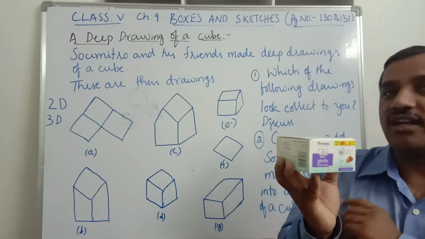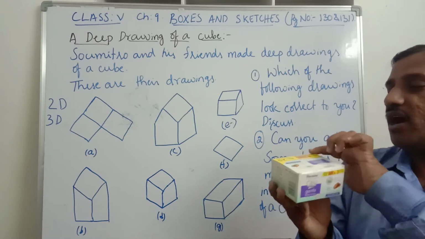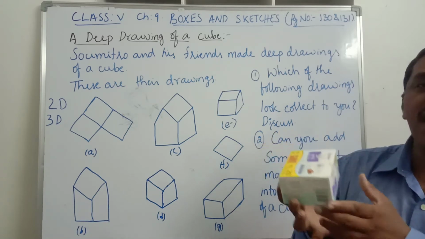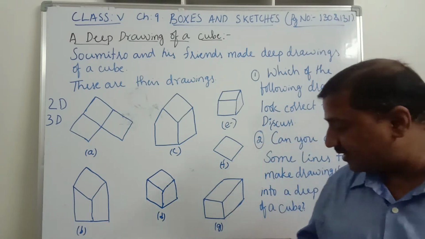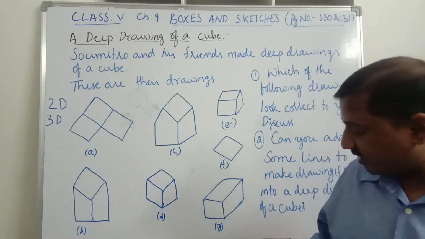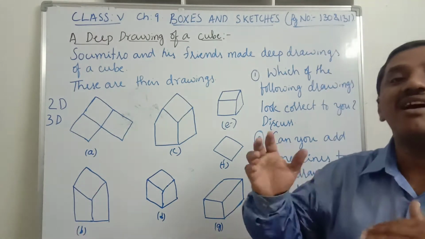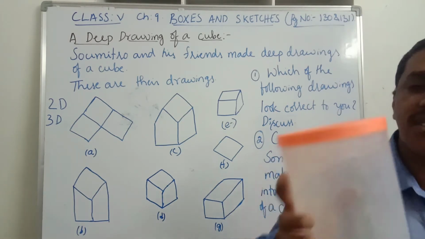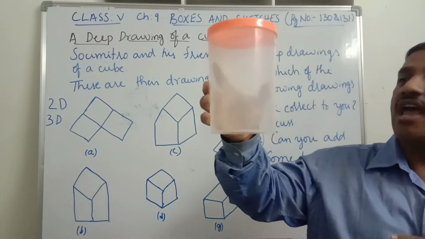So we have 8 vertices, 1 2 3 4 5 6 7 and 8 vertices, 6 faces and 12 edges for a cube. And you have also studied this one, what is the shape of this one? It is a cylinder.